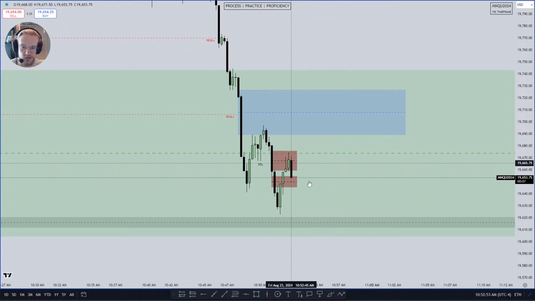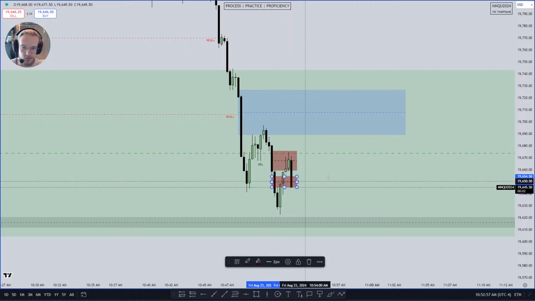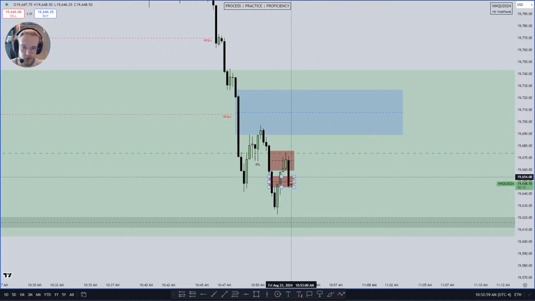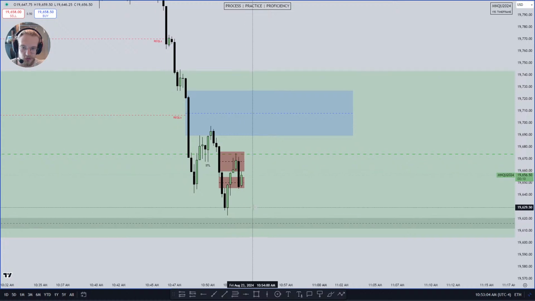As of right now, this is good. So then from here, we can anticipate price to go lower into the close of the new day opening gap.